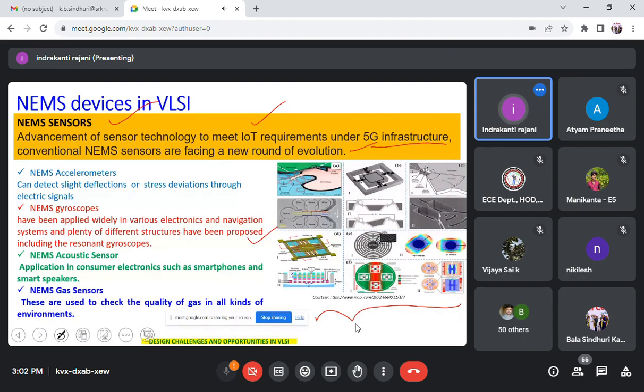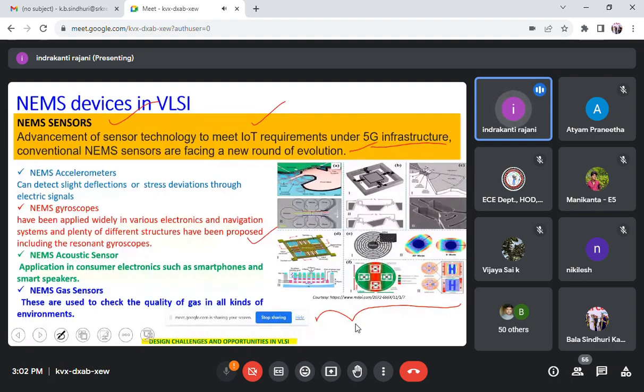If there is a slight disturbance or heavy traffic, the music we are listening to will be automatically controlled. There is no need for me to control the music if there is traffic and I am not accelerating. So slight deviations in the stress, in the electrical signals, and in the pressure signals while accelerating the car are detected.